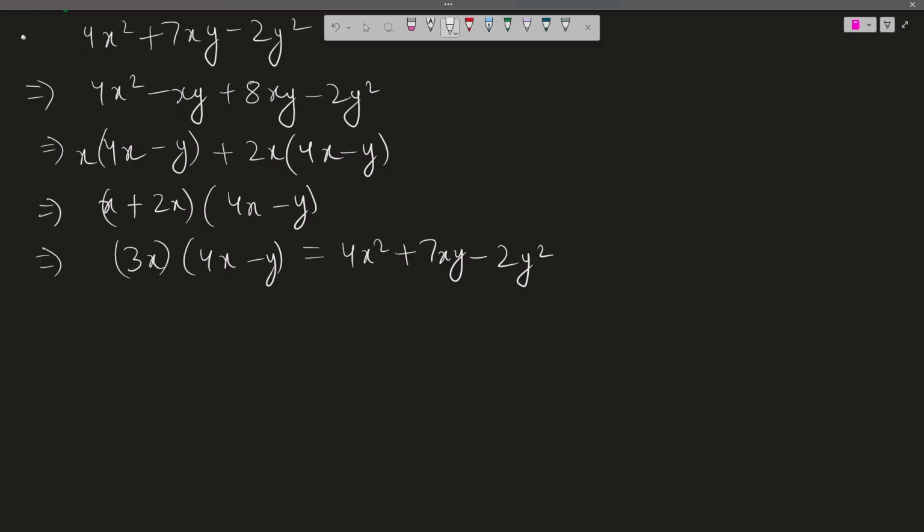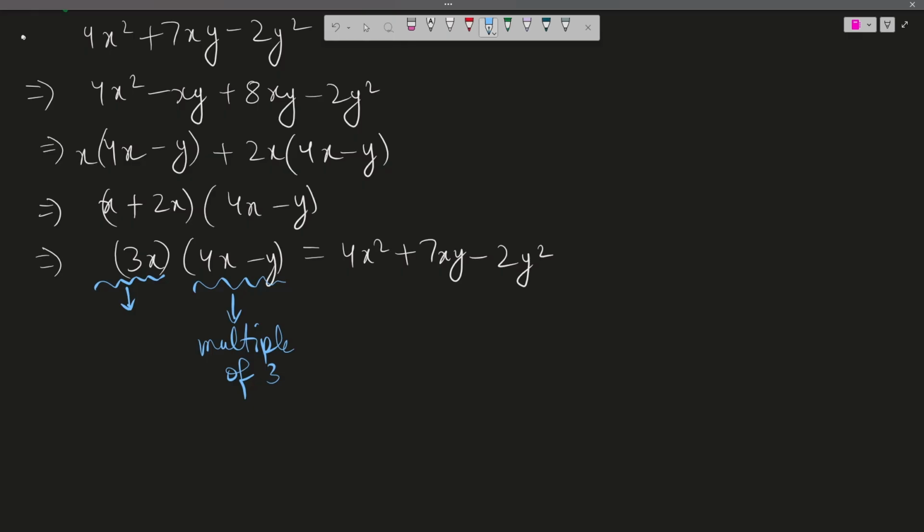I'm assuming you might know the factorization method, right? Now, it is given in the question that 4x minus y is a multiple of 3, and 3 also comes as a number which is getting multiplied by the multiple of 3.